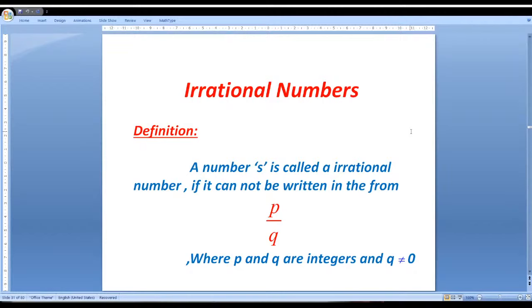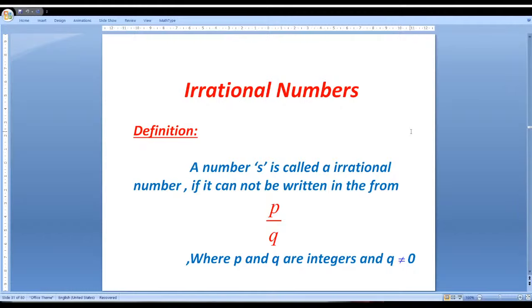At last we discussed the definition of irrational numbers. So a number s is called an irrational number if it cannot be written in the form p by q, where p and q are integers and q is not equal to 0.